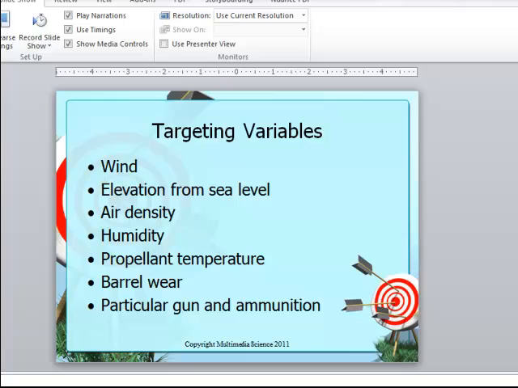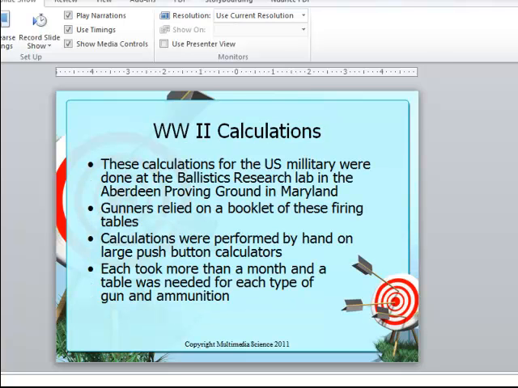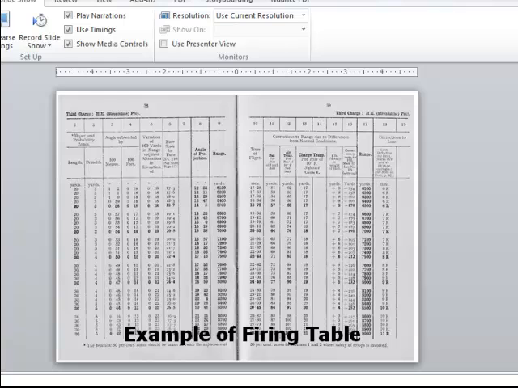What kind of problems you have when you're trying to actually shoot targets. How they had firing tables during World War II, since most of the artillery people did not know how to do the calculations themselves.